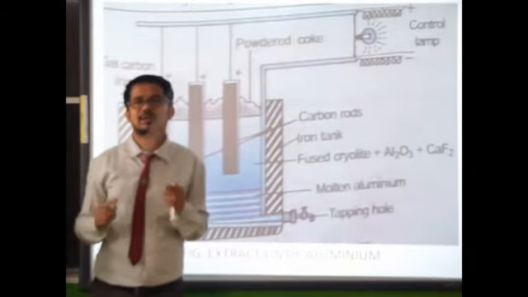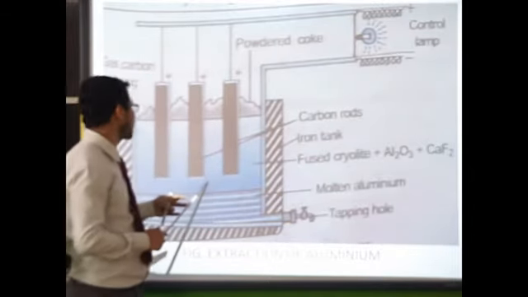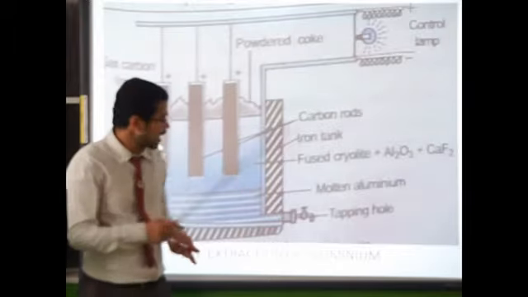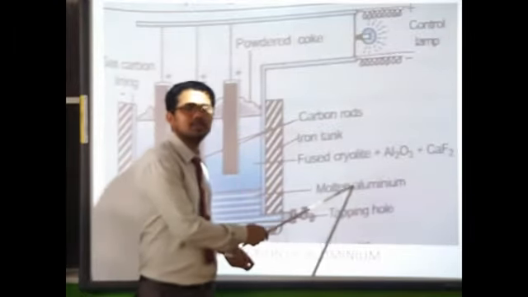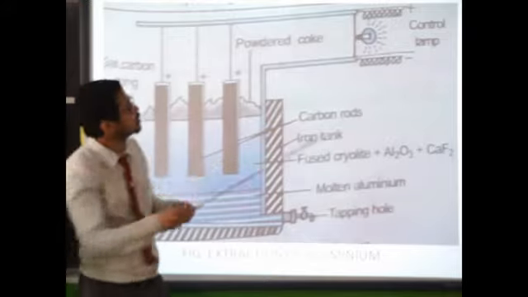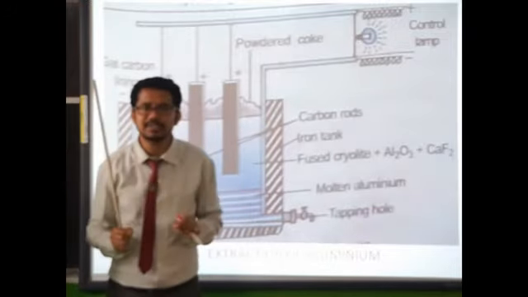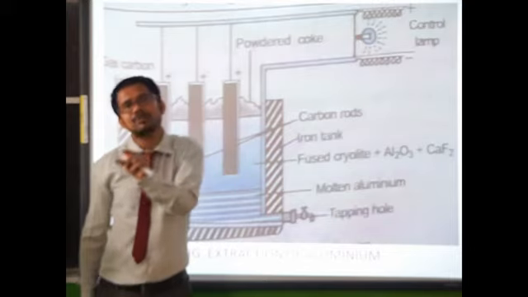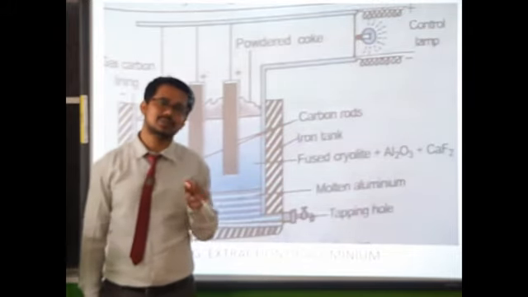From time to time we have to add alumina, because this alumina is melting and then we are getting molten aluminium. Whenever this bulb glows, it means alumina is about to finish in the electrolyte.